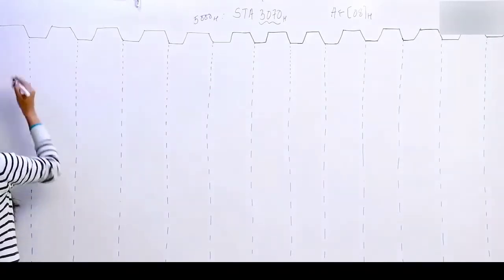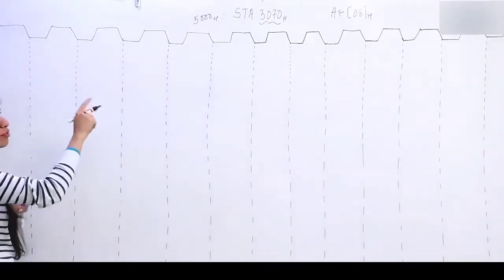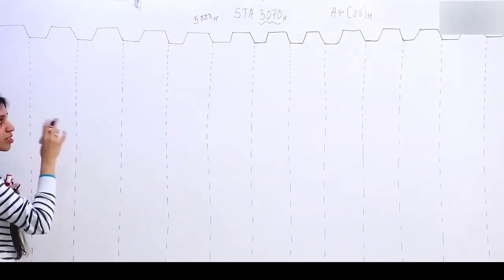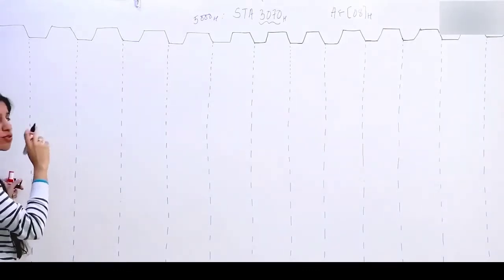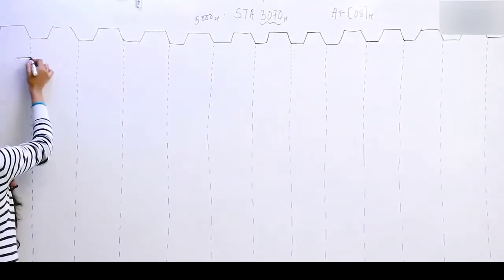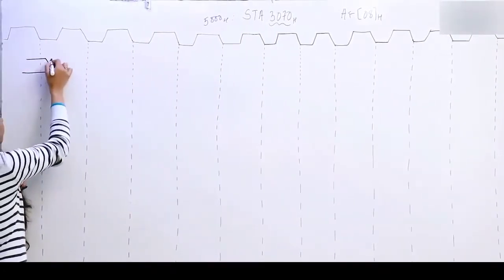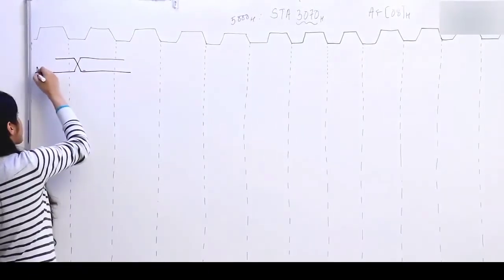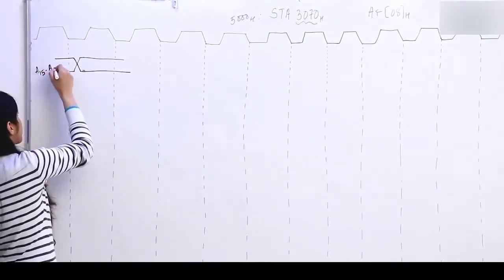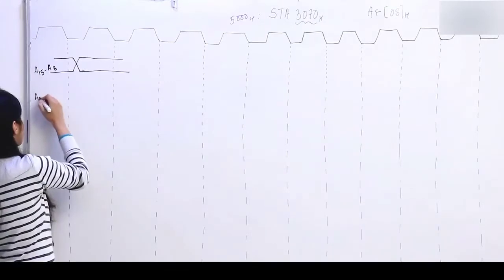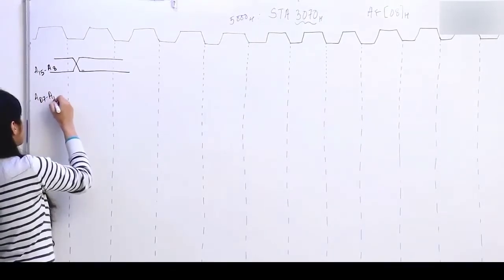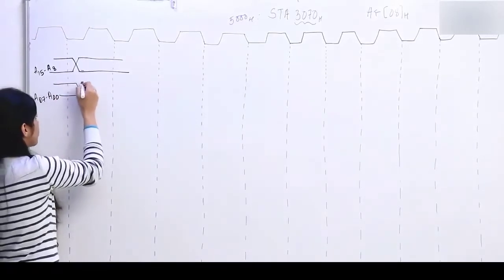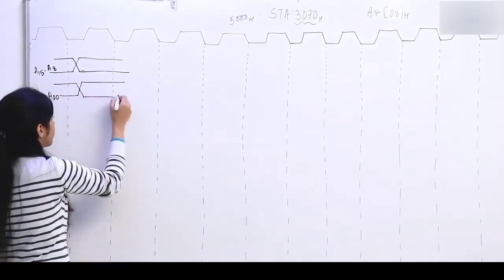First of all, we are going to put 5000 in the address bus, 50 in the first 8 bits of the address lines and 00 in the next 8 lines. These are the first 8 bits of the address lines and these are the next 8 bits of the multiplexed address cum data bus.